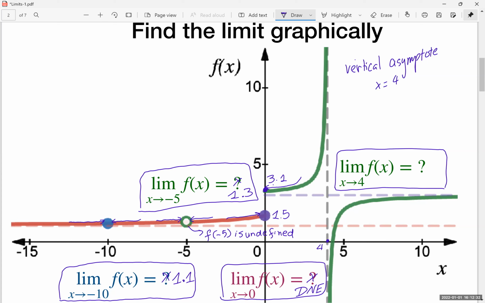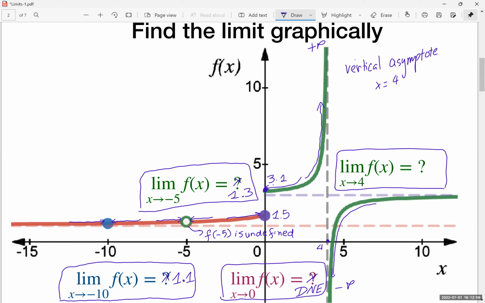Which means if you look at the function when x goes to 4 from the left side, the function will go up to positive infinity. It will never touch this vertical asymptote, but the value just goes up to positive infinity from the left side. And from the right side of 4, the function will go down to negative infinity.